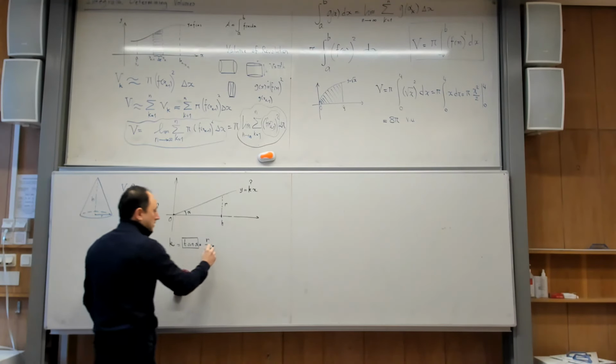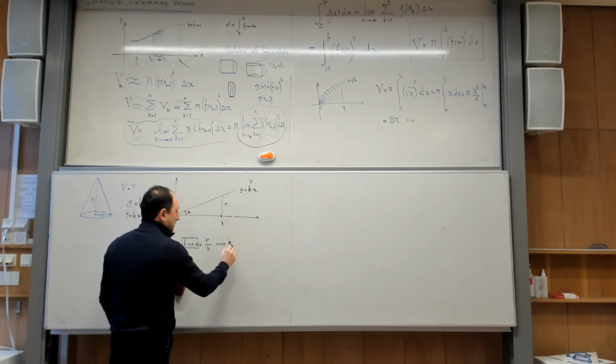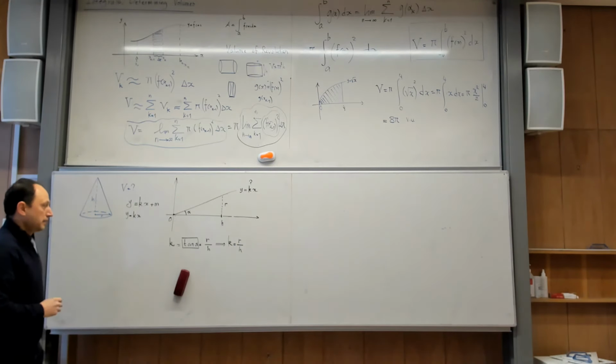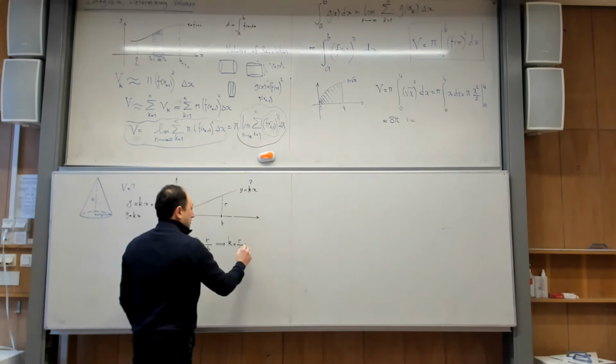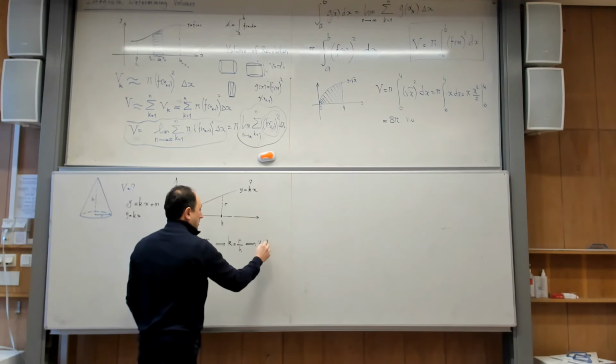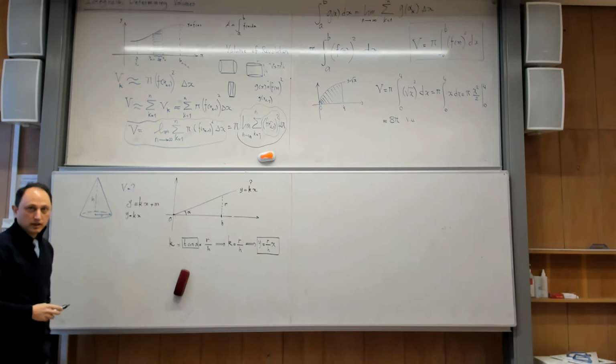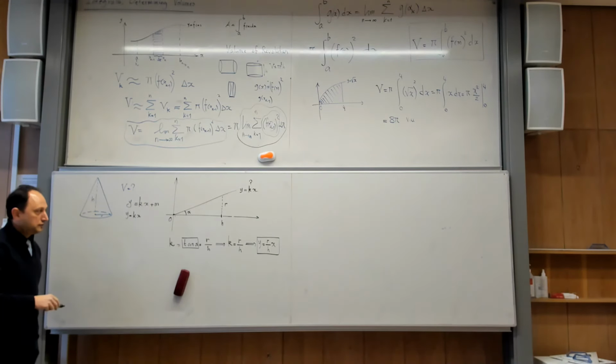So this means that I found this. The slope of the line is r over h. And then it means that the line that I was looking for is r over h x. Okay, now that you have it in final form, let me explain it simpler for you.